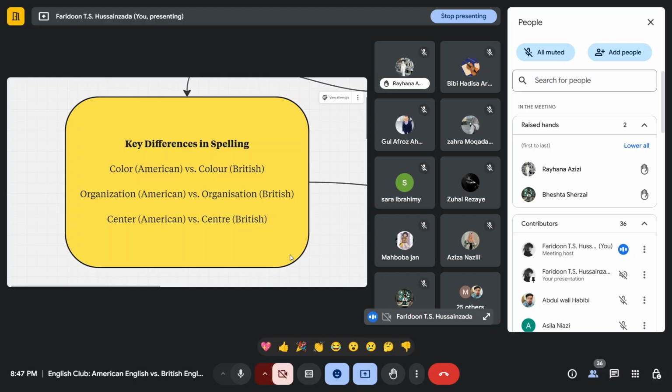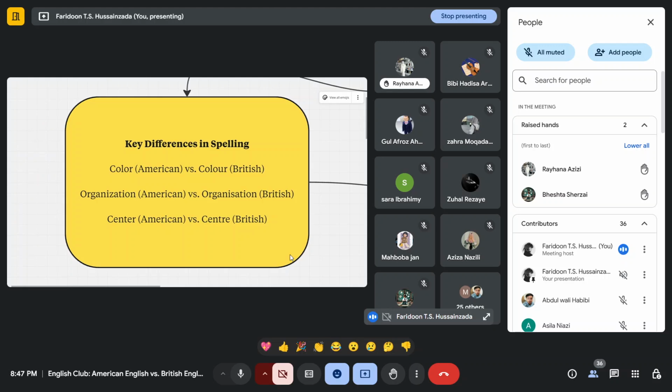But my suggestion for you is, when you're writing, please try not to mix it. Okay? As an example, if in your essay you're writing the word organization and the word color, make sure that you follow the same spelling rules for both.